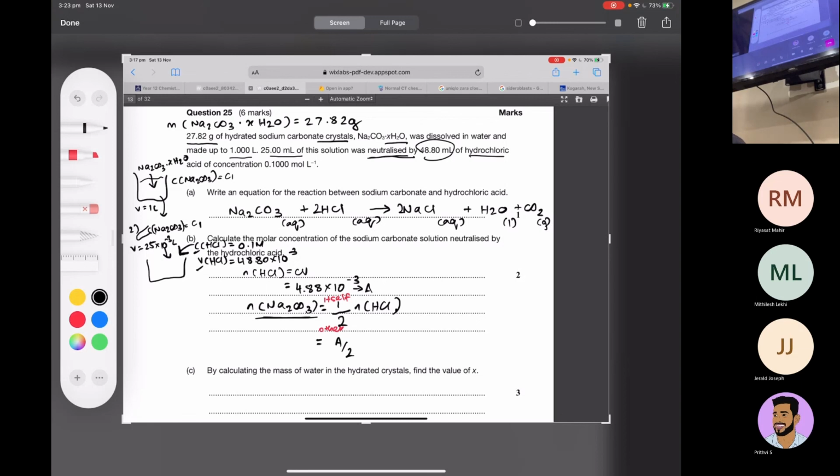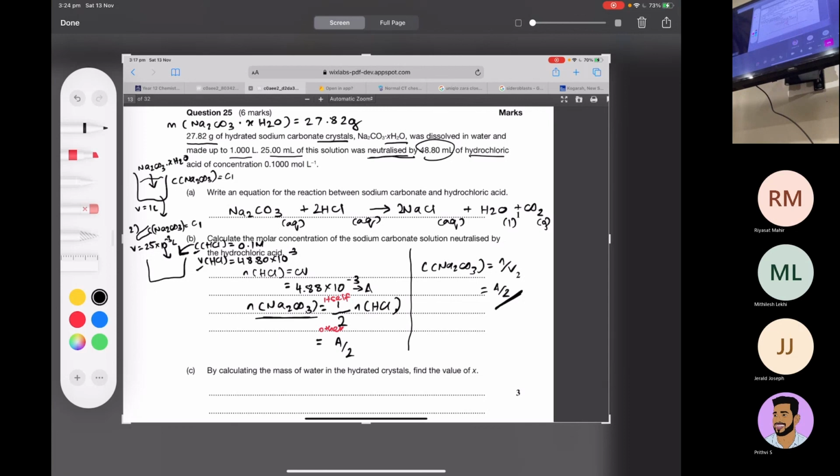So then what's our concentration of Na2CO3 going to be? Good. C equals N on V equals A on 2 divided by, what are you going to divide it by? One liter?